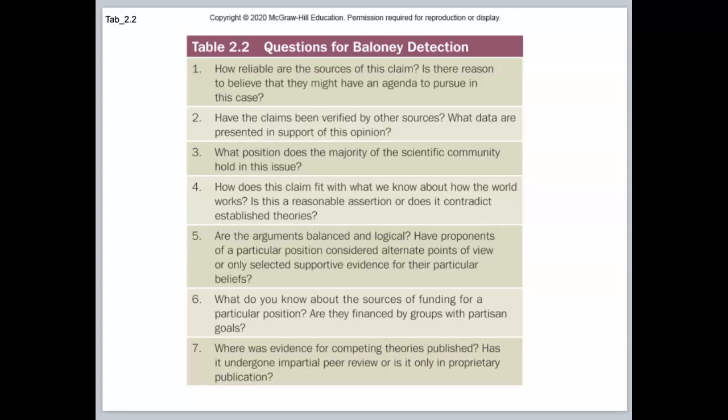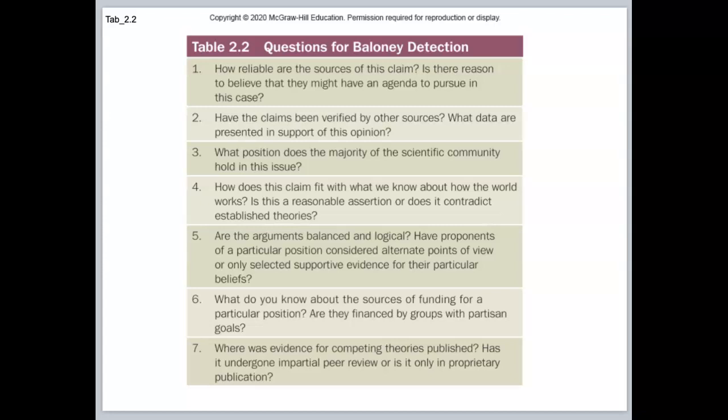And then finally, I want to draw your attention to this, and you have a homework assignment on this baloney detection. One of the most important things I feel that you could get out of this class is learning how to validate claims and ferret out whether information is real or made up. We are inundated with social media. Everybody has an opinion. Everybody has the ability to produce wonderful graphics that make it look like their side of a story is real.